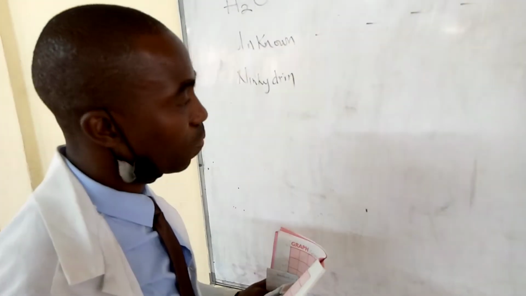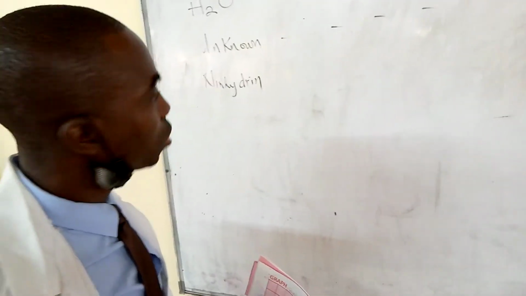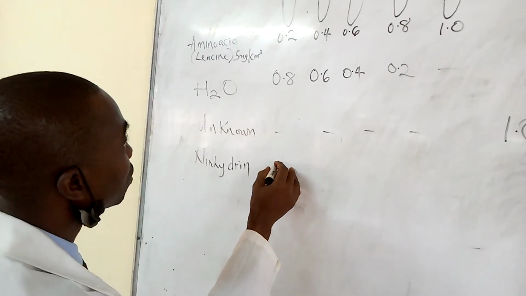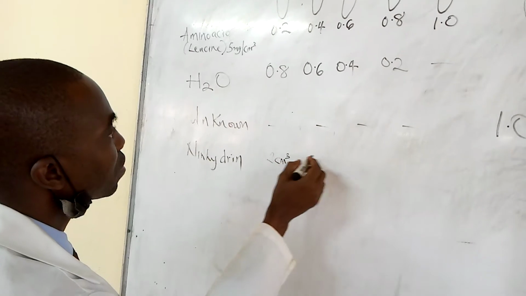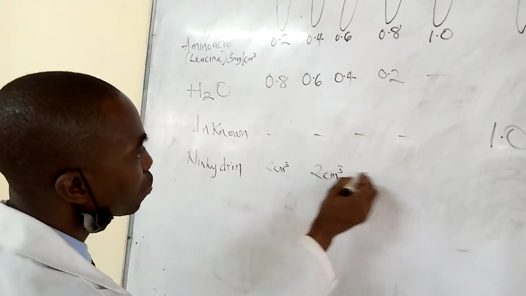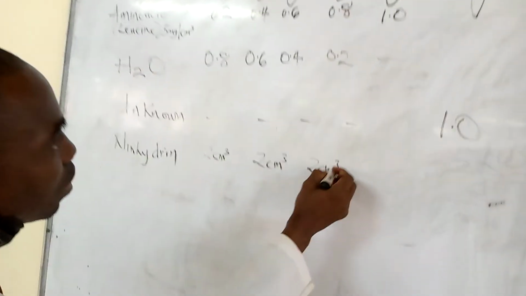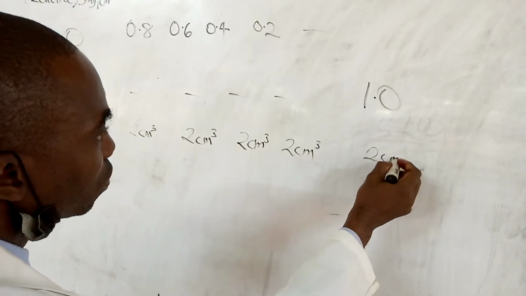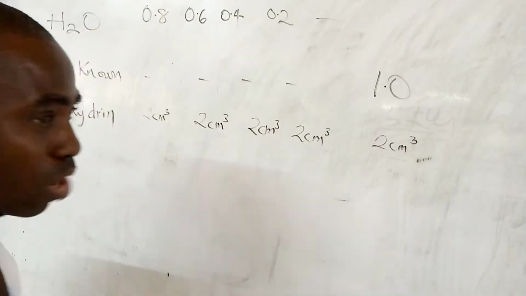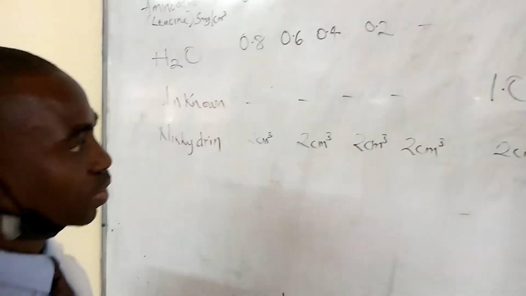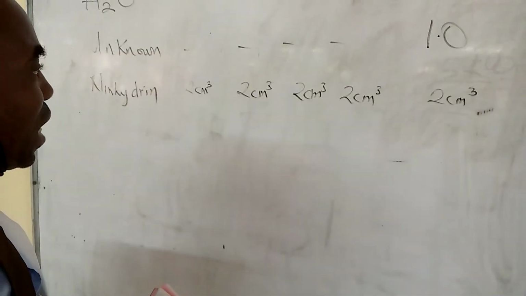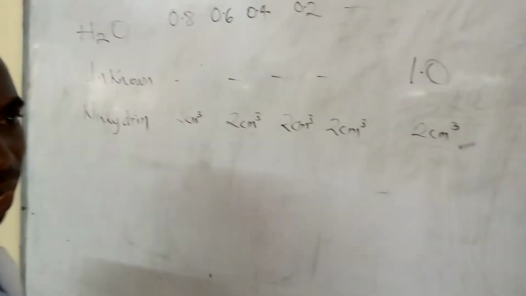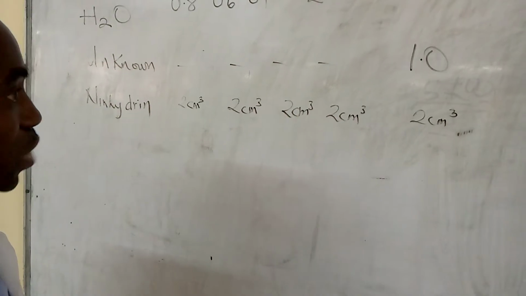I'm going to show you a colored purple complex, so you can easily see it. So you just put 2 mil of this in each of the tubes, including the one for the unknown. When you have done that, you boil for 10 minutes. And when you've boiled, then you can take all the tubes to the spectrophotometer for absorbance reading.